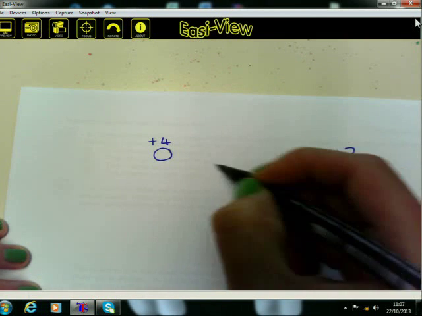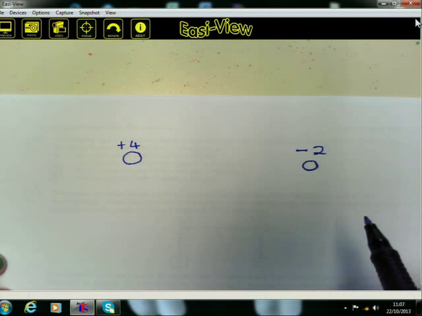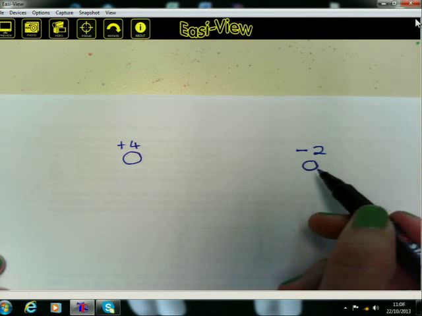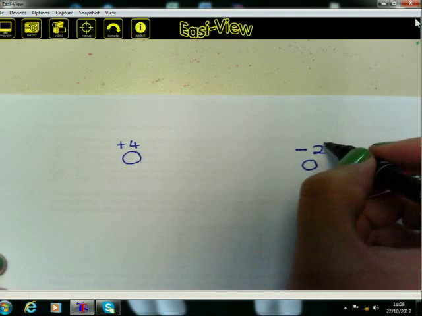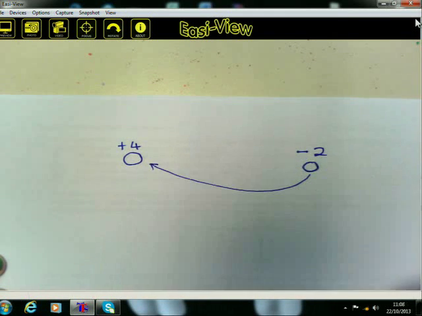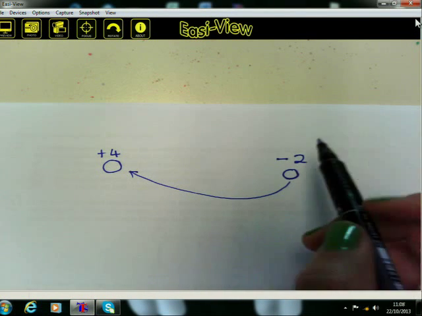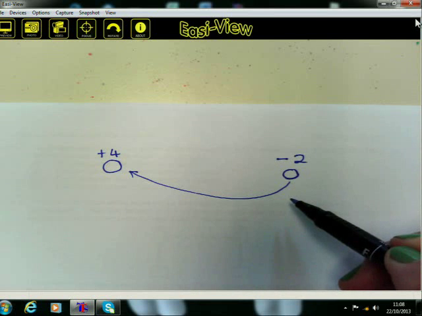And we touch these two spheres. They touch. Electrons are going to be transferred from the more negative one to the more positive one. And when is it going to stop? It's going to stop when they both have equal charges.